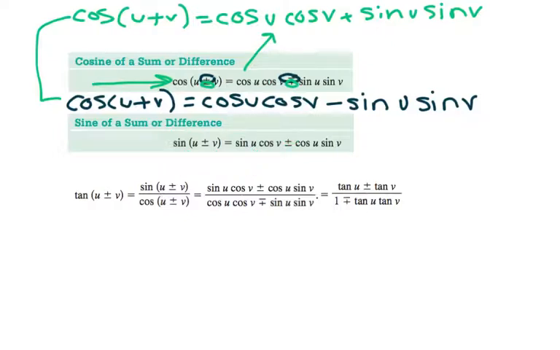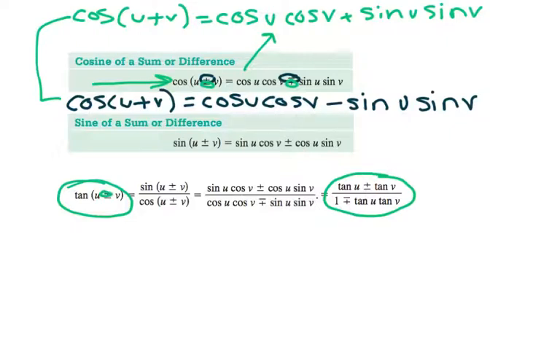And then the last ones here with tangent. There's kind of a lot going on here, but the idea is that tangent of u plus v is going to equal tangent of u plus tangent of v over 1 minus tangent of u tangent of v.